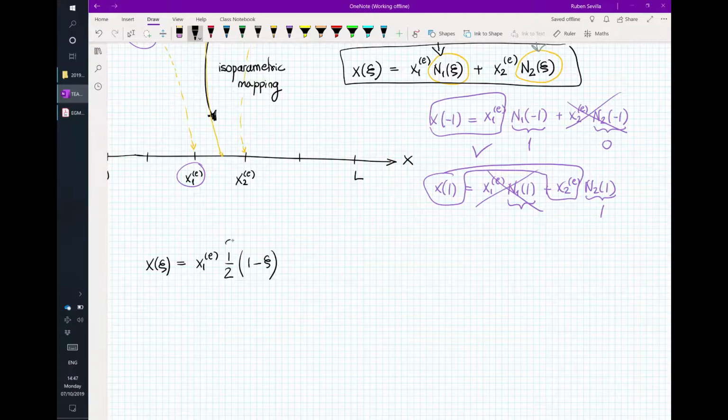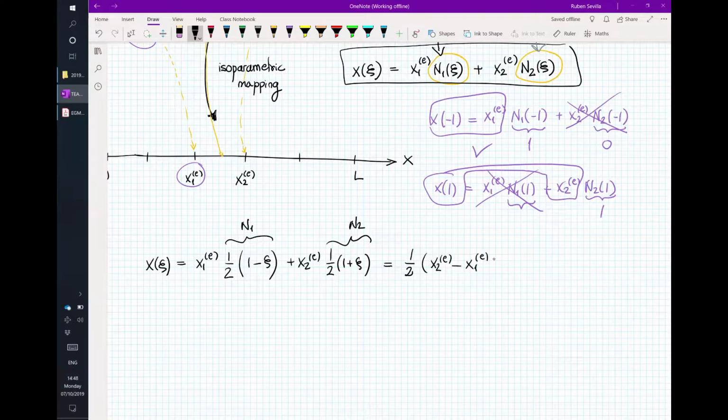This is n1. This is n2. And then you can rearrange stuff to get the formula that you have on the slides. So that's my change of variables.